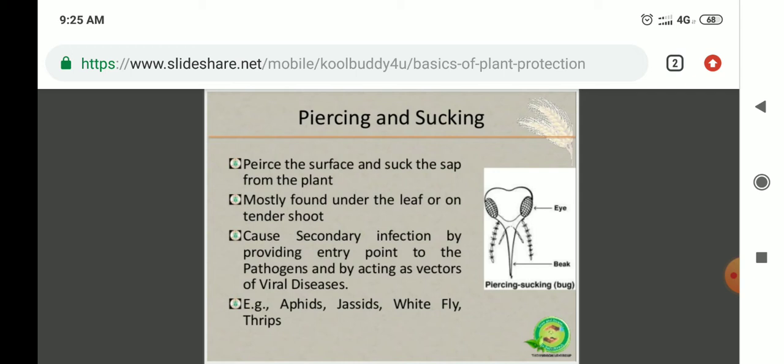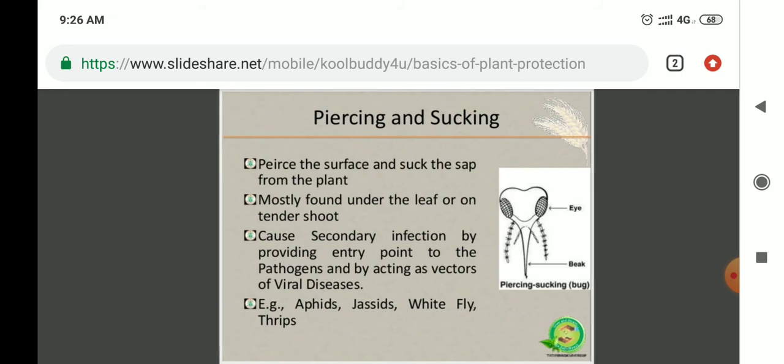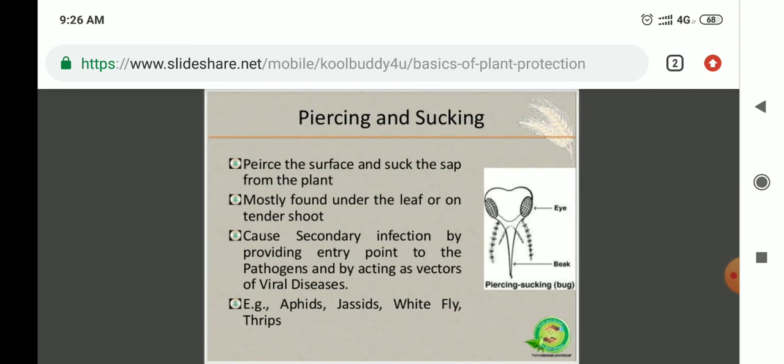It causes secondary infection by providing entry points to pathogens and by acting as vectors of viral diseases. Examples of piercing and sucking insects are aphids, jassids, whitefly and thrips.